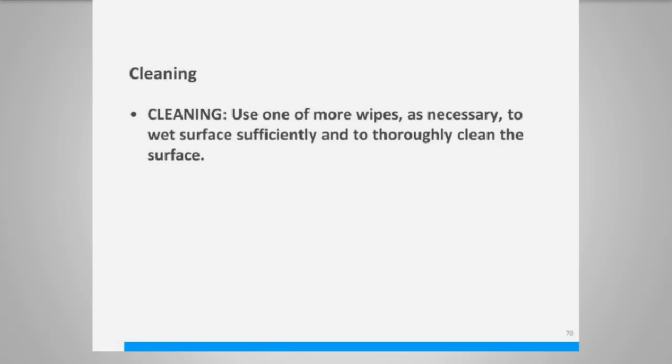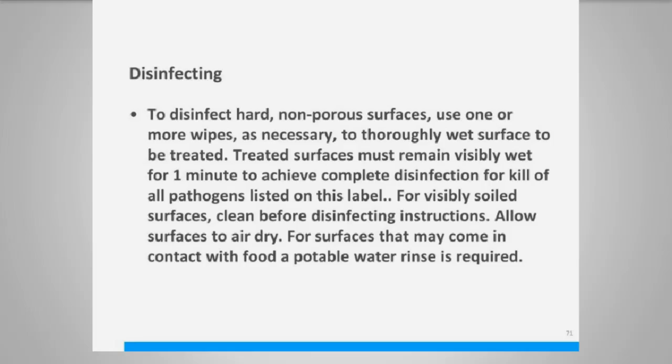So cleaning. What does it say on that label that we just looked at? It says, cleaning: use one or more wipes as necessary, wet surface sufficiently to thoroughly clean the surface. Disinfecting: to disinfect hard, non-porous surfaces, use one or more wipes as necessary to thoroughly wet the surface to be treated.